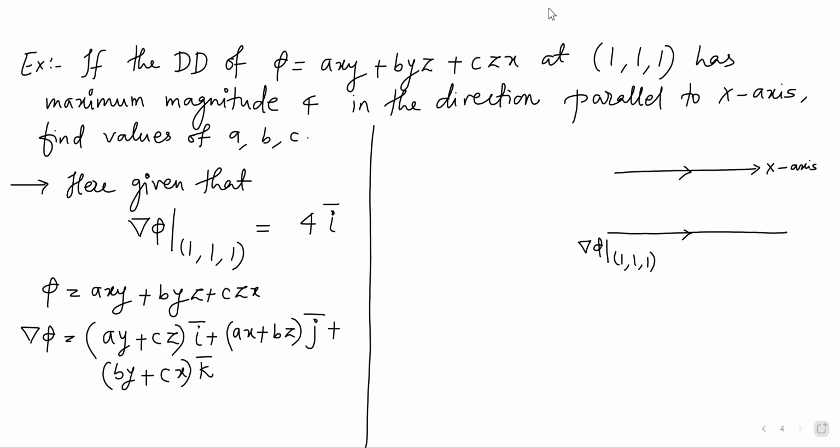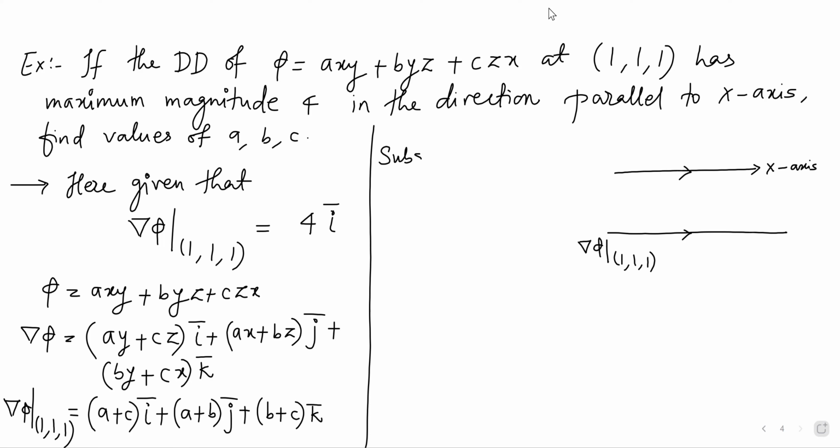Now what I have to do is find del phi at point 1 1 1. Substitute x, y, z as 1. So we get a plus c times i bar plus a plus b times j bar plus b plus c times k bar. Now we'll substitute this in the given equation.